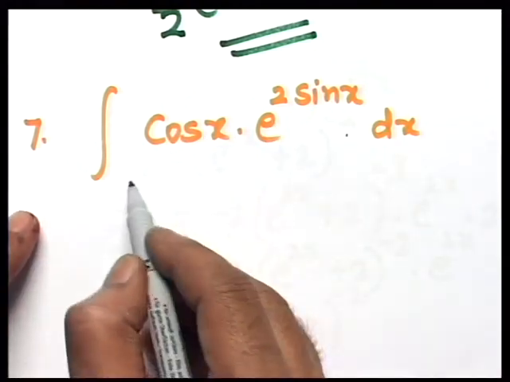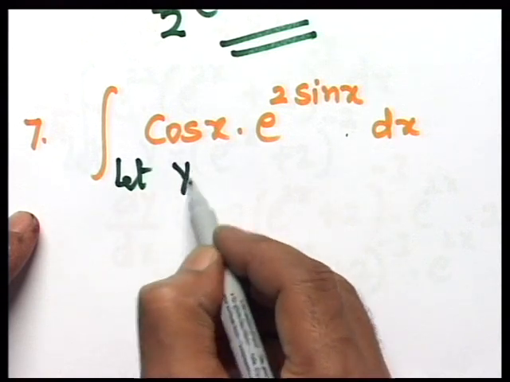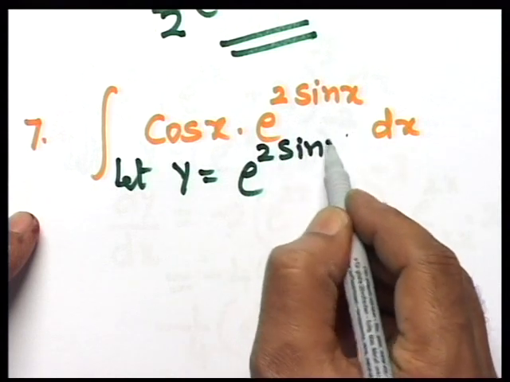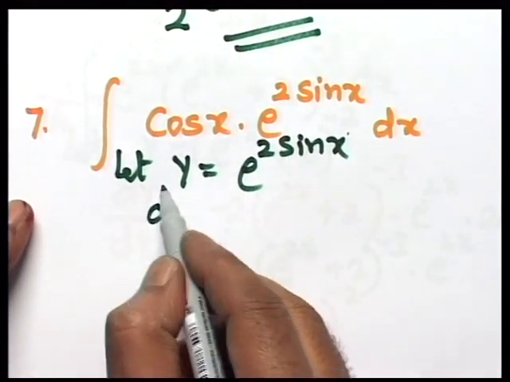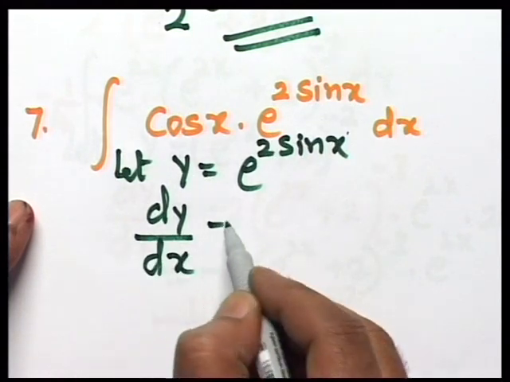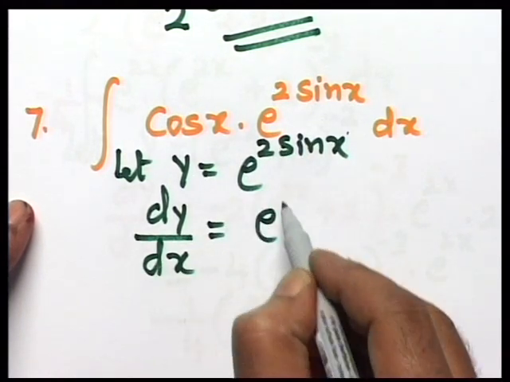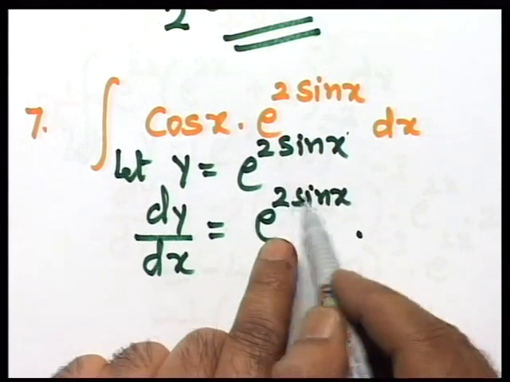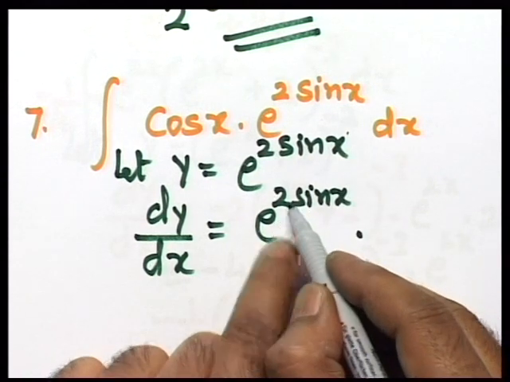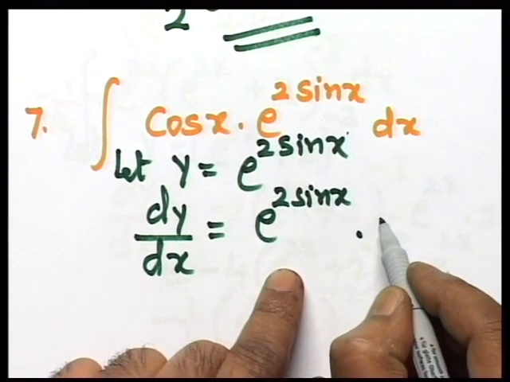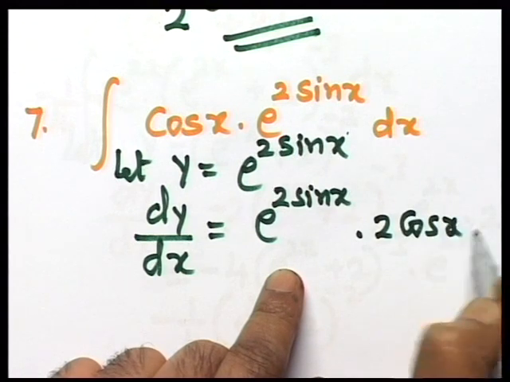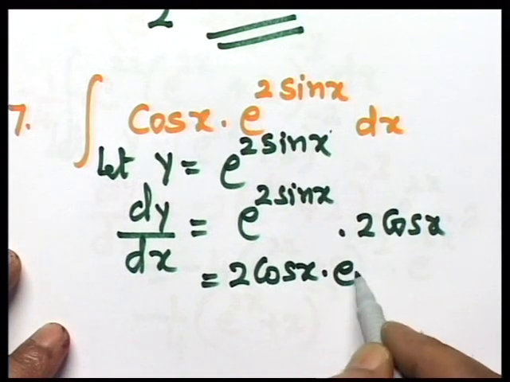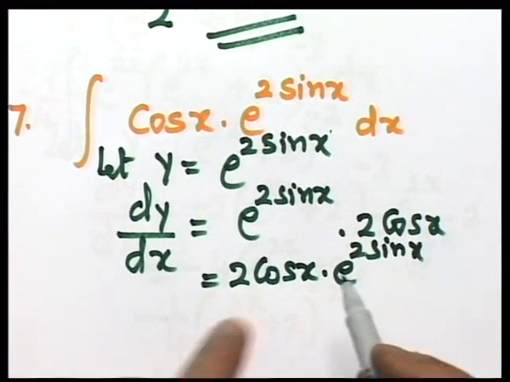So let y equals e to the power 2 sine x and differentiate on both sides. dy over dx is e to the same thing, 2 sine x, and then we differentiate that something. 2 sine x differentiation is 2 cos x, so it looks like 2 cos x times e to the 2 sine x, which is our question.